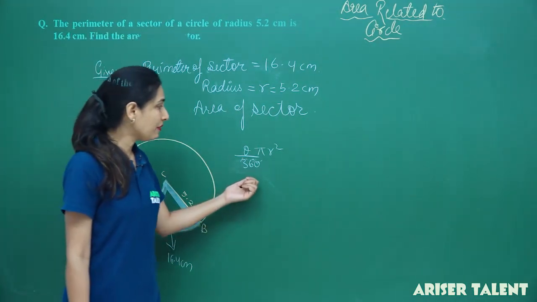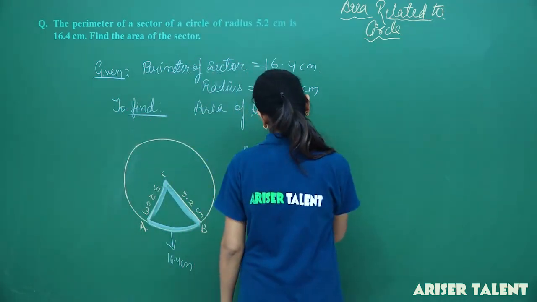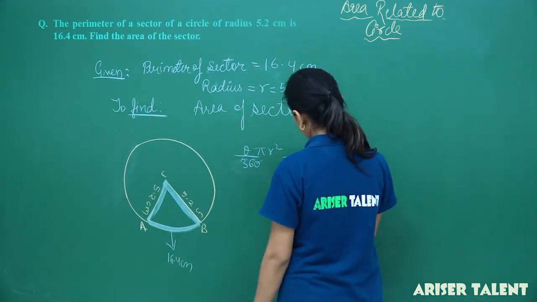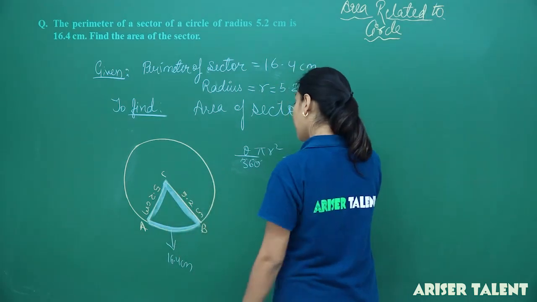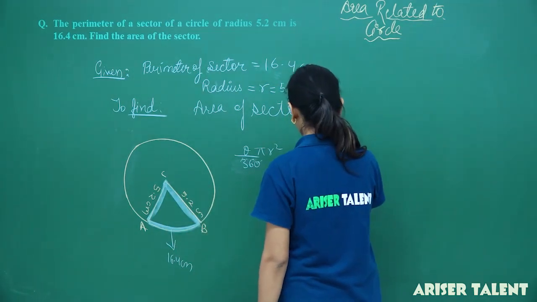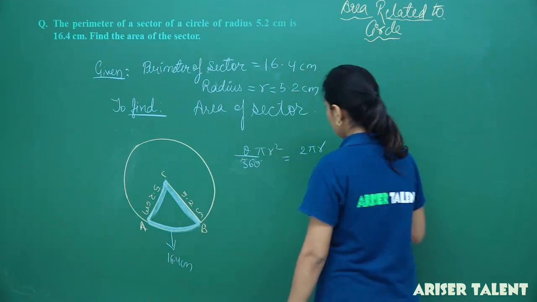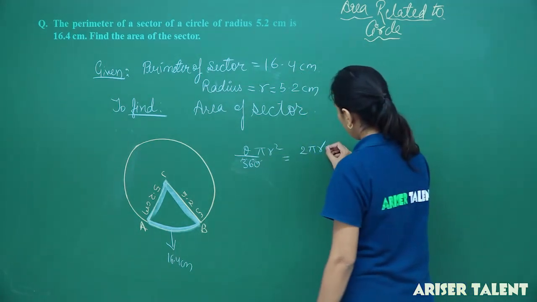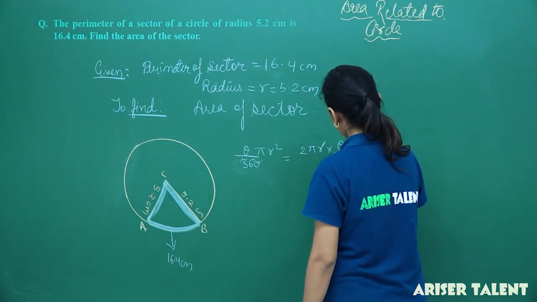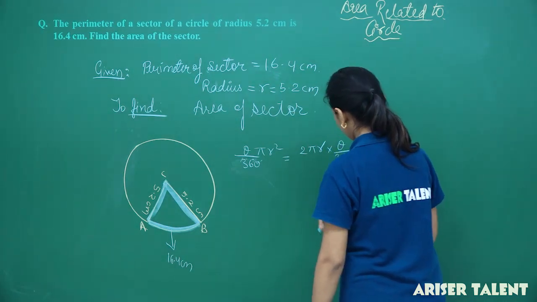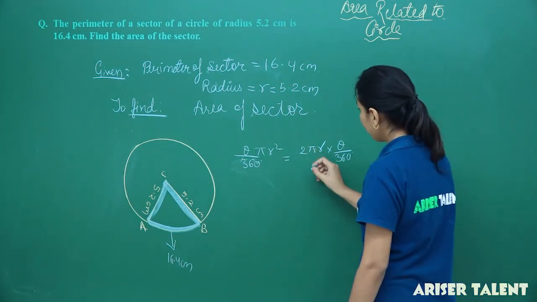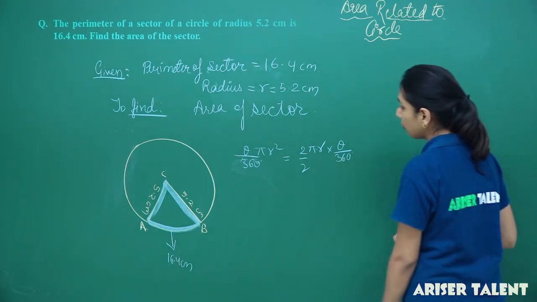Can you bifurcate this formula? You have pi r, you have 2 pi r. If I am writing 2 pi r, I will be writing theta by 360 here, 1 pi here, so pi by 2 here.